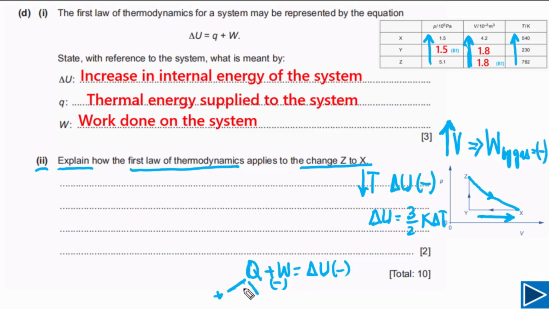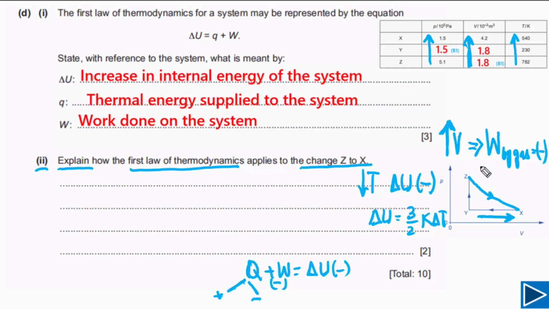So heat can be supplied to the system, or heat can be released from the system. It depends on the exact values of W and delta U. But we don't have the exact value of delta U, and we also don't have the exact value of W. So we cannot say something about Q. So simply we can mention these 2 points.